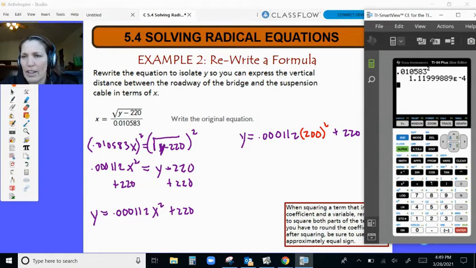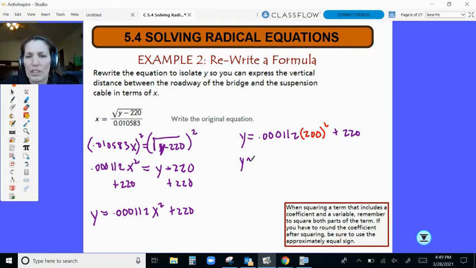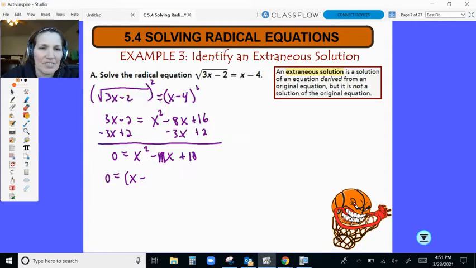We can't just take our answer, so we're going to go 0.000112 times, in parentheses, 200 squared, and then plus 220. Boom. So y is approximately 224.48. And there we go.